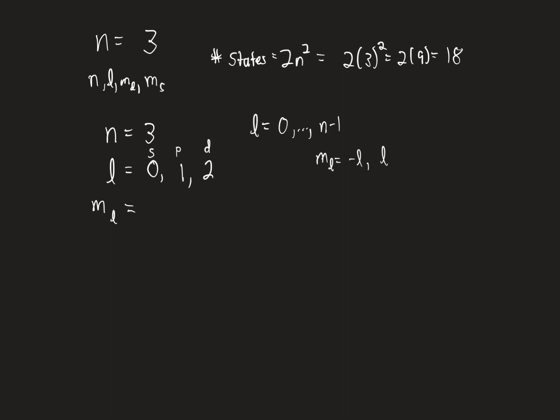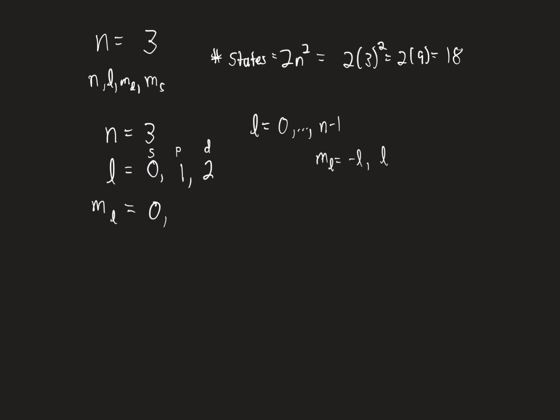So how do I do this? Is it all the numbers between negative 2 and 2? So let's say I have n equals, let's look at this first column. Let's say n is equal to 3, L is equal to 0. What M sub L's can I have here? 0. I can have 0. So that's just 1. That's 0.